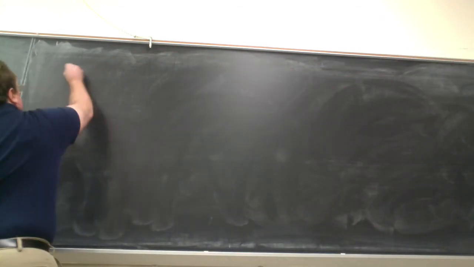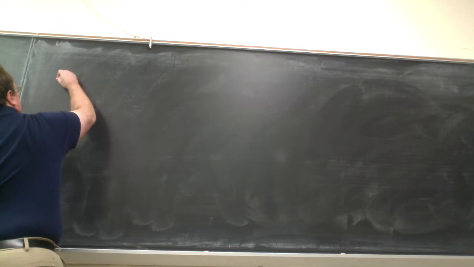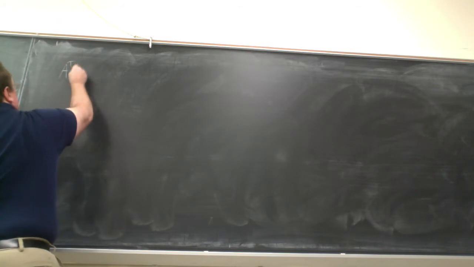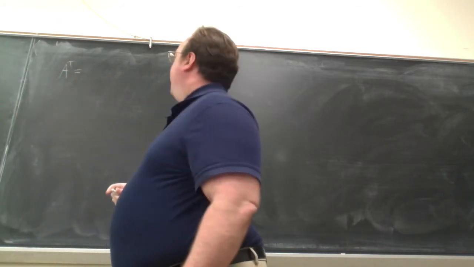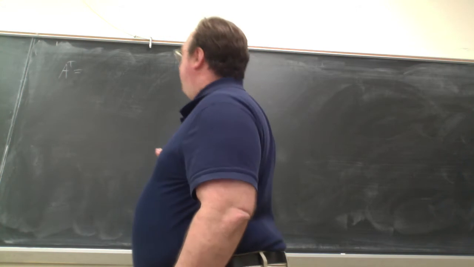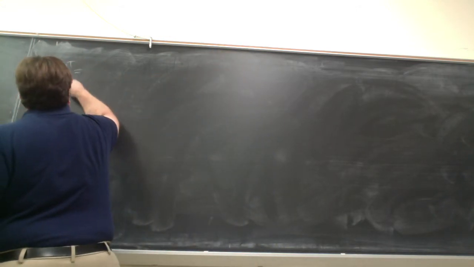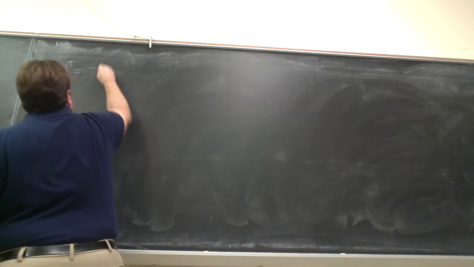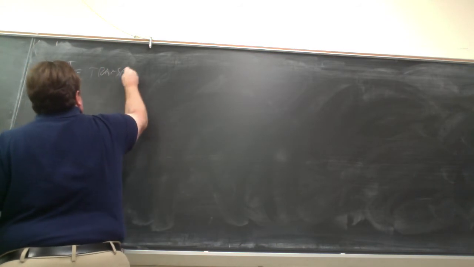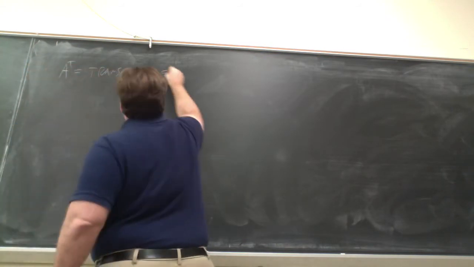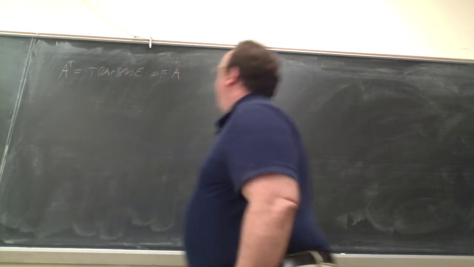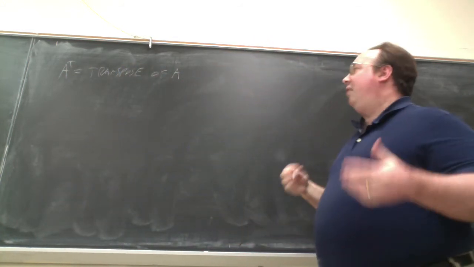Okay. Now, some basic terms I need to define, because I haven't used them before. So I have any matrix A. A with the superscript T is the transpose of A, and that's defined by swapping the rows and columns.